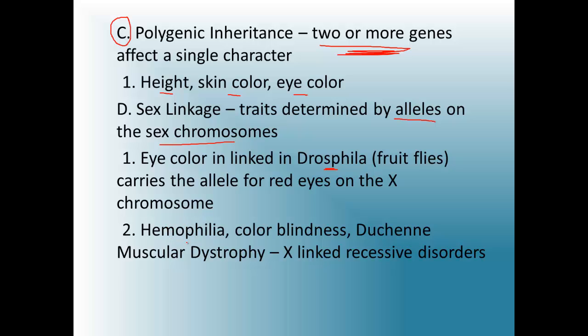For humans, most of the ones that we talk about actually happen to be disorders. Hemophilia, which is a blood clotting disorder, color blindness, and muscular dystrophy are all found on the X, and they're all X-linked recessive. So these traits, even though they're sex-linked, still act dominantly and recessively while being on the sex chromosome.